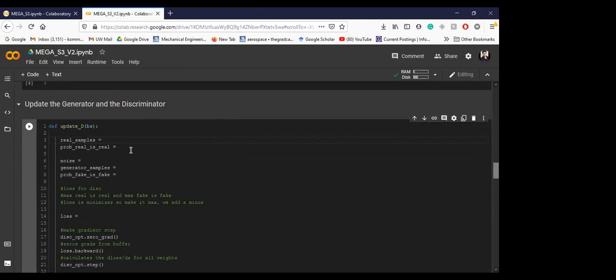So we know that the real samples are basically the normal distribution, and that takes in the batch size.